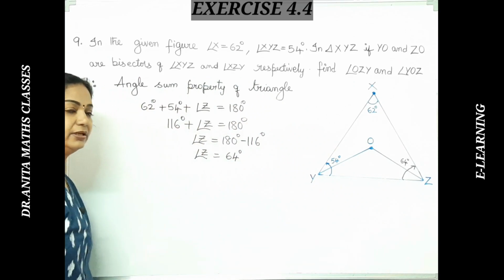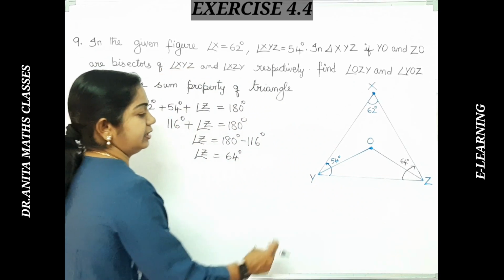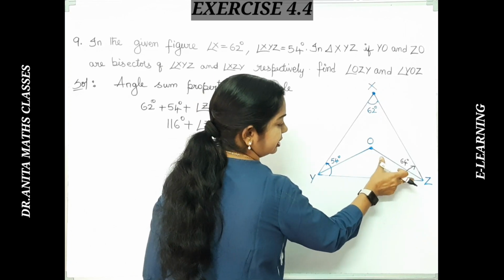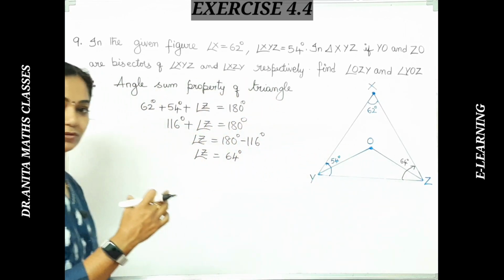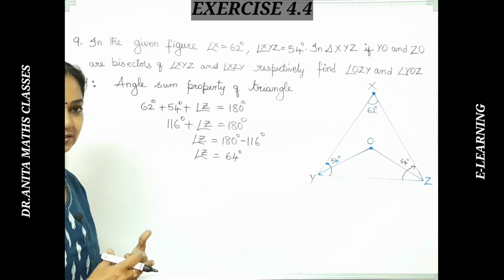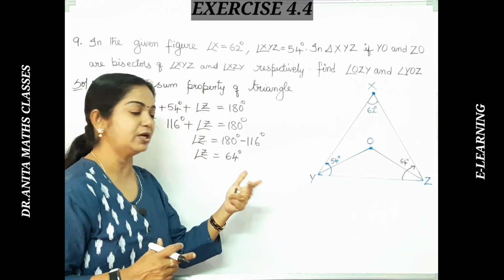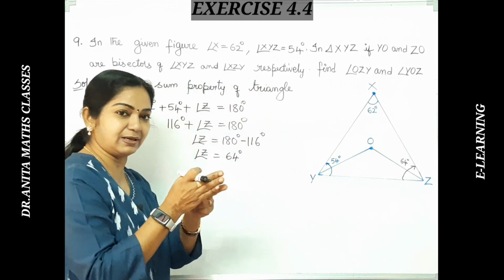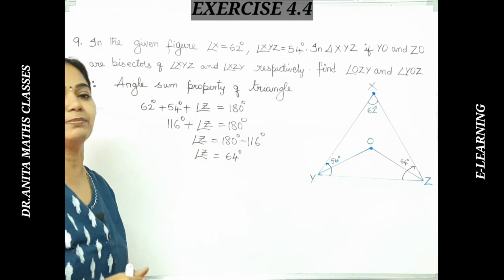Now, given in the question, YO and ZO are the bisectors of the angles, that means they are the angle bisectors. What does an angle bisector do? They make the angle into two equal parts. Bisect means exactly making it into two equal parts.